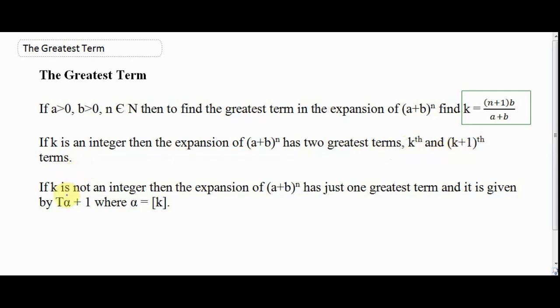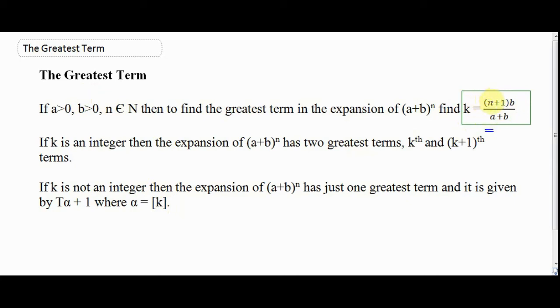And if k is not an integer, then the expansion of (a + b)^n has just one greatest term, and it is given by T(alpha + 1), where alpha is the rounded off value corresponding to k. Please make note of this expression, k equal to (n + 1) into b divided by (a + b). To find the greatest term, we first calculate the value of k.